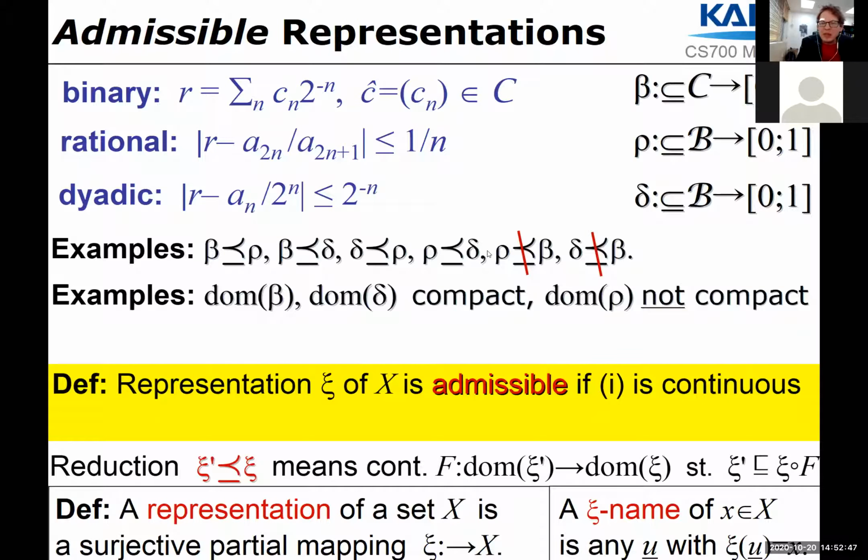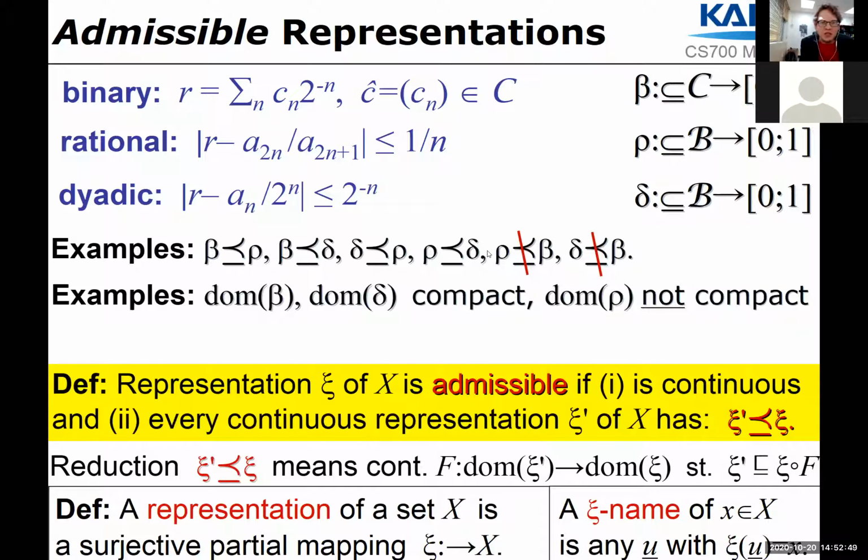And the second condition is a maximality property, namely that every other continuous representation of the same space admits a continuous reduction to this representation. So this representation is in a sense supposed to be maximal, right?